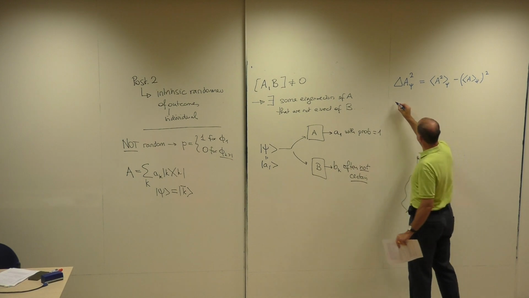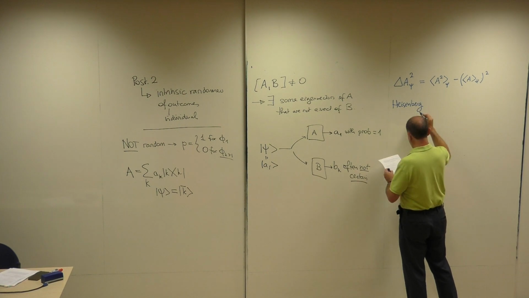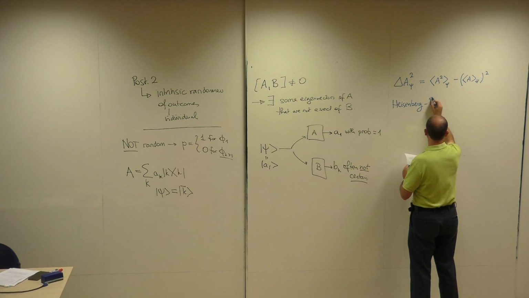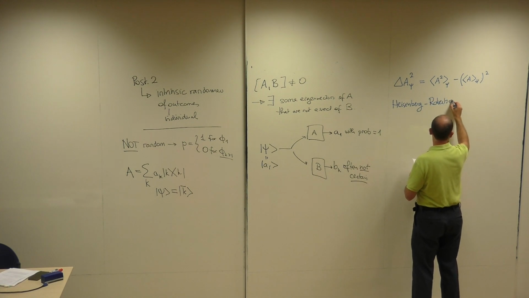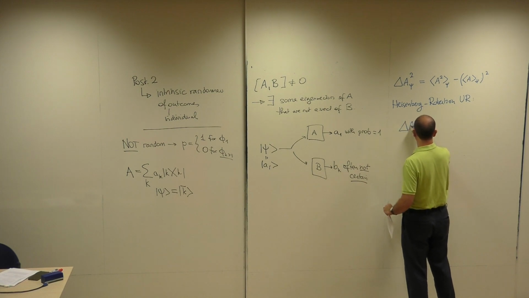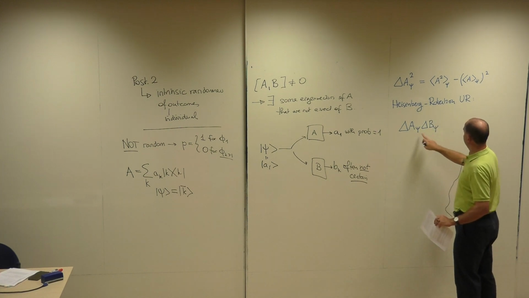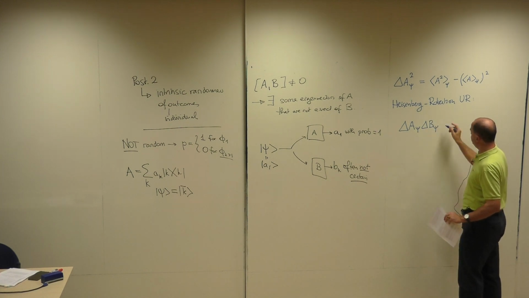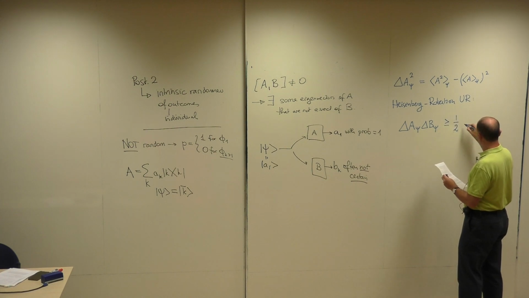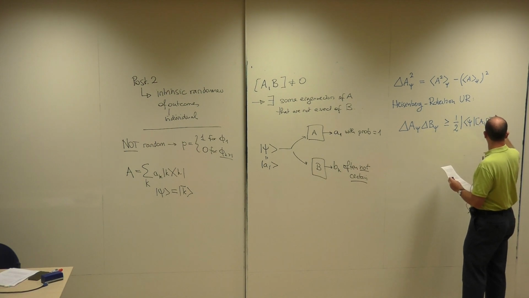And now the usual uncertainty relation, the Heisenberg, I think it's called Robertson uncertainty relation, says that the product of the variances on the same state psi of A and B is lower bounded by 1/2 the expectation of the commutator on psi.